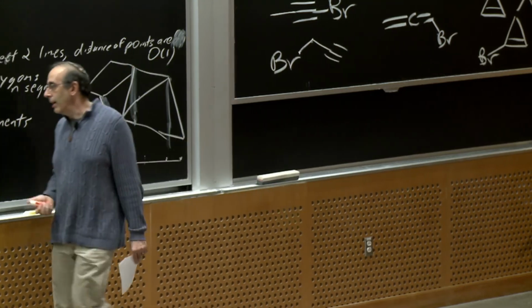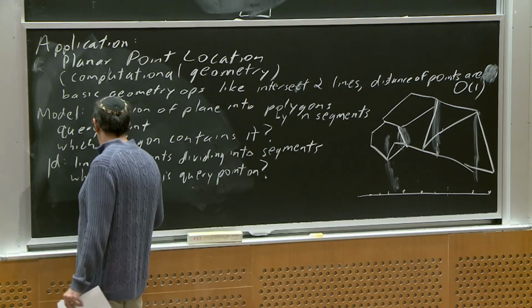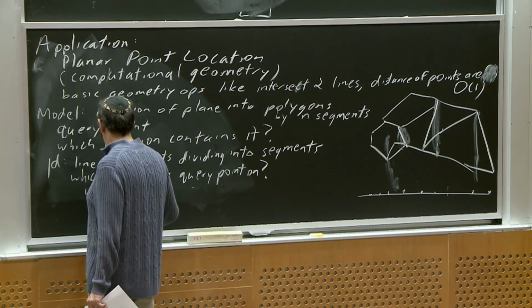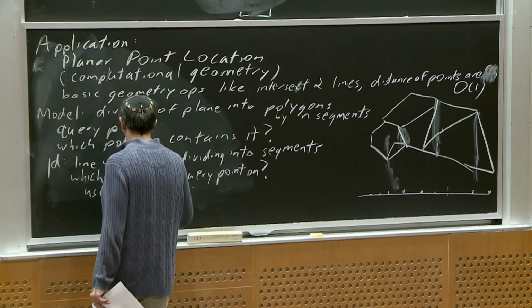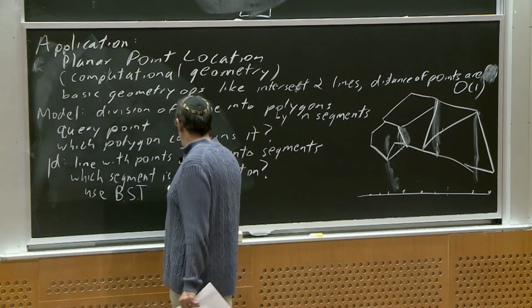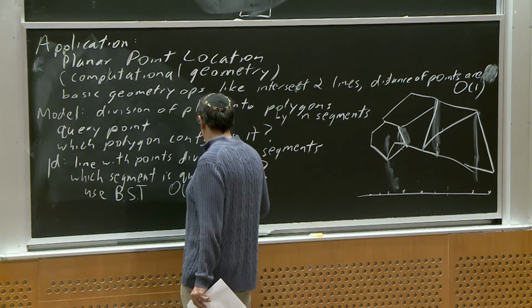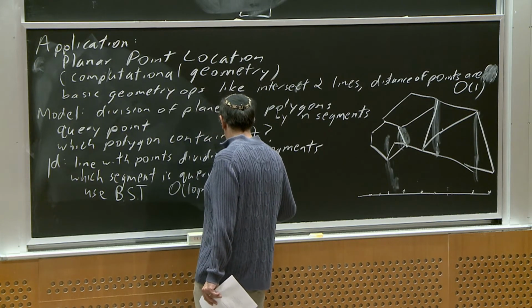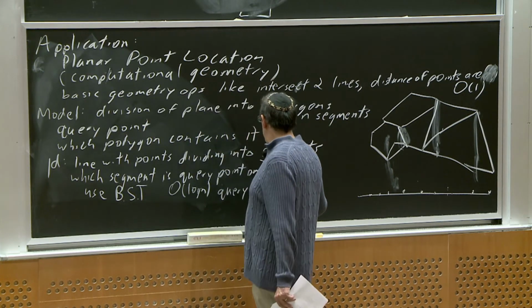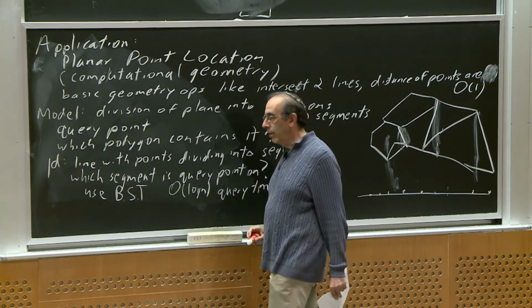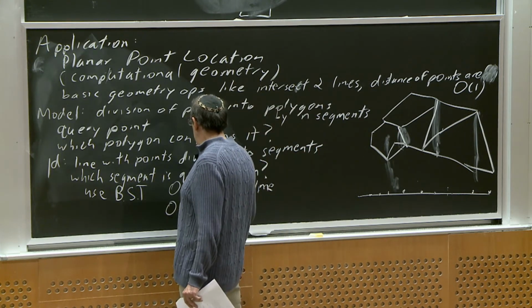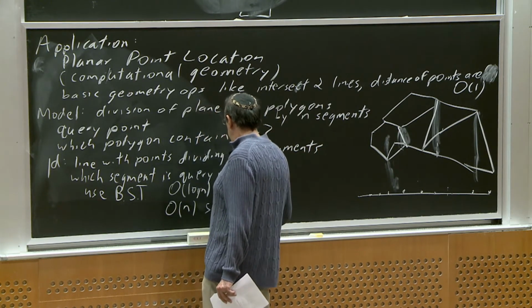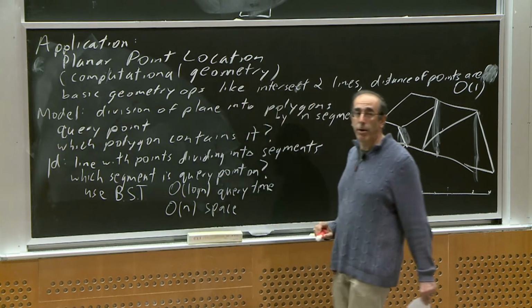And either way, it's going to cost me order log n time. So I'll use a binary search tree, and that means it's going to cost me order log n time to find the location, and it's going to take me order n space to store that binary tree.